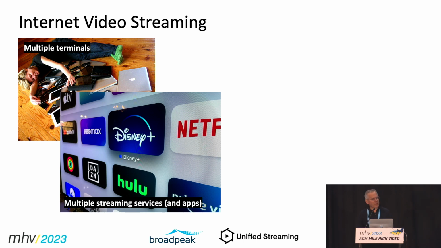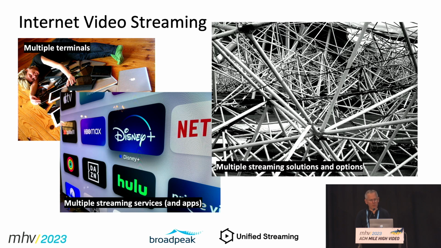We have multiple streaming services, solutions, and protocols over internet. It can be a bit of a jungle, right, for those members from DVB to try to develop their business over internet, right? It can be a bit scary.